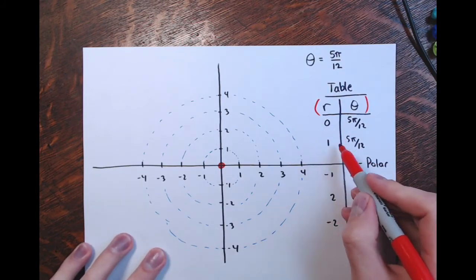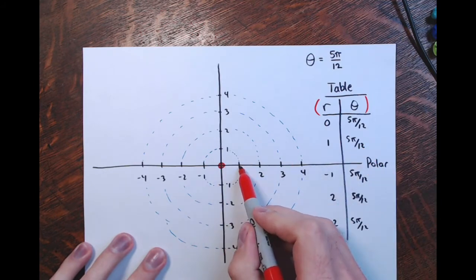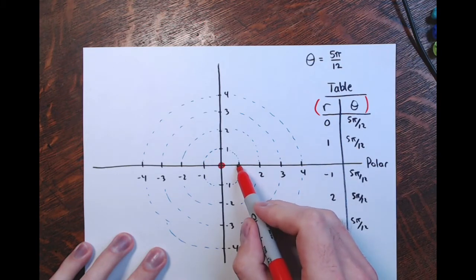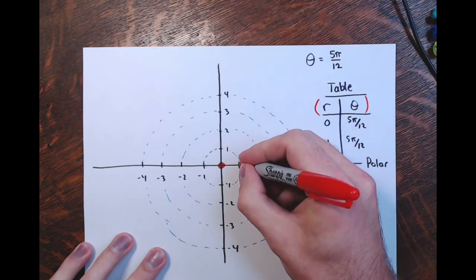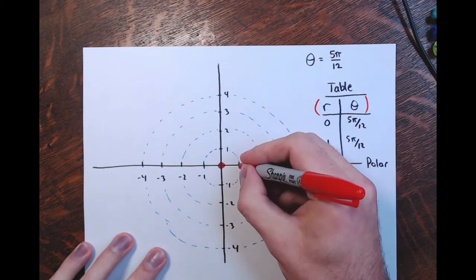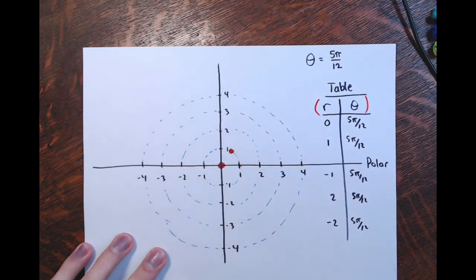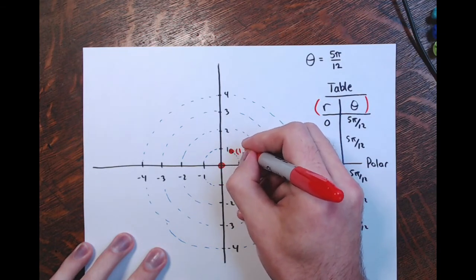Now what about 1 comma 5 pi over 12? I go to 1 on the polar axis and then travel on the circle with a radius of 1. I travel 5 pi over 12, which is 75 degrees, and it's a positive angle, so it's counterclockwise. I'll end up about 75 degrees counterclockwise on that circle. So here's the point 1 comma 5 pi over 12.